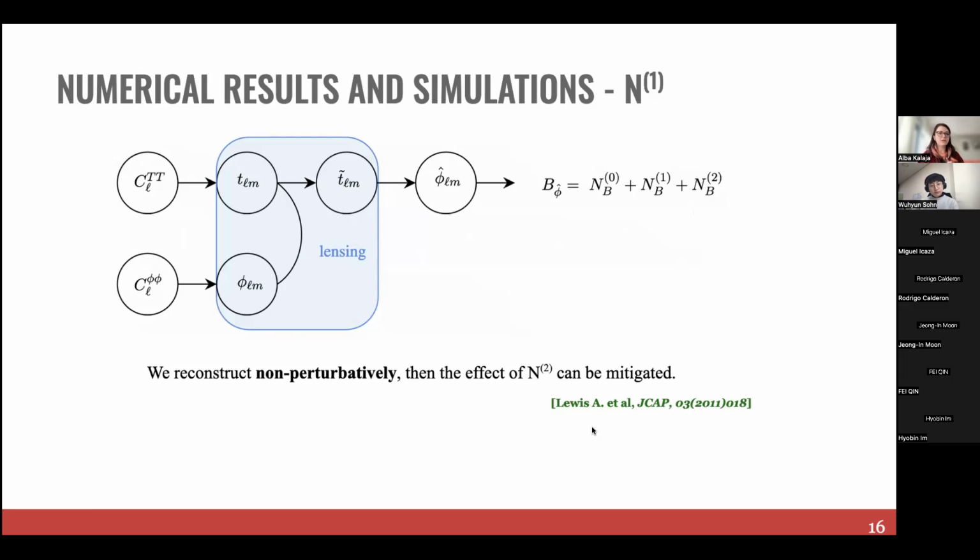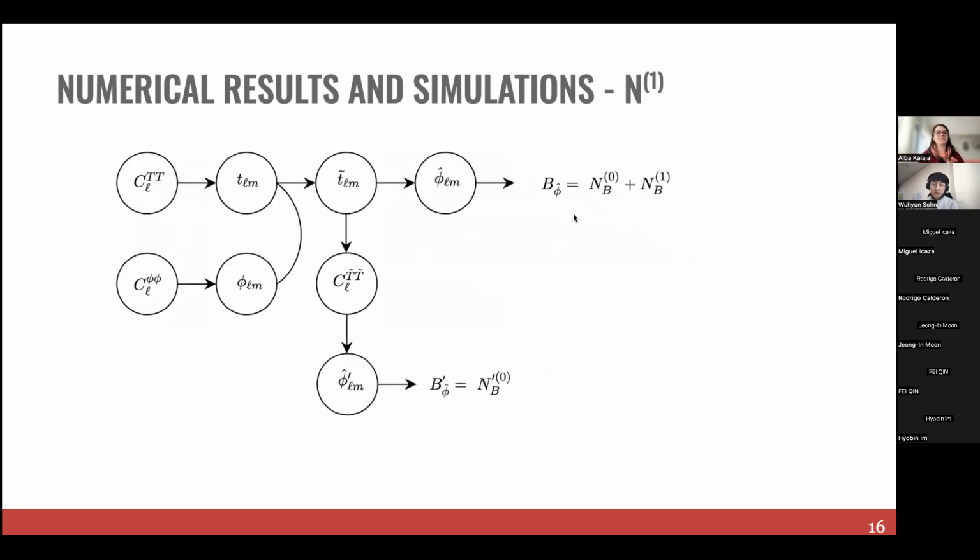I will not go into the details, but you can do this if you use the quadratic estimator in a non-perturbative way. In this way, you can basically cancel some of the N2 term contributions, while the contributions that are really low you can ignore. So you basically mitigate the largest contributions from N2, which is what we need. So we can basically forget about this term, and then we have just N0 and N1.